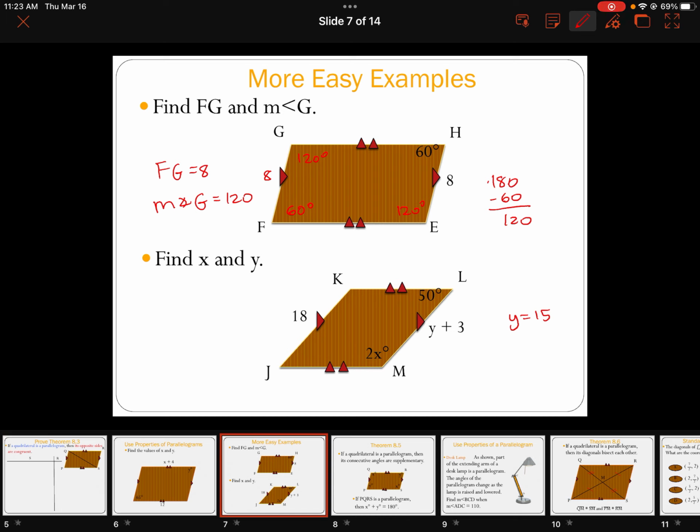Angle L is 50 degrees, so angle M has to be 130. So what times 2 gives you 130? 65. Those are easy examples.